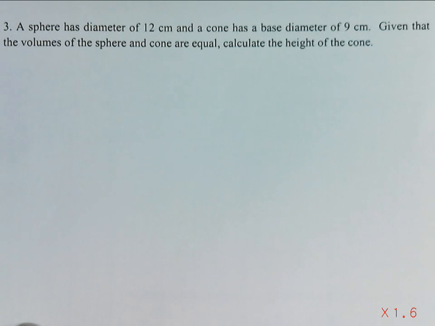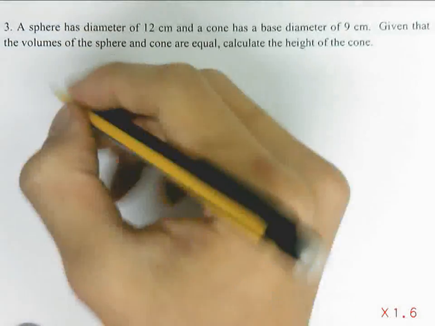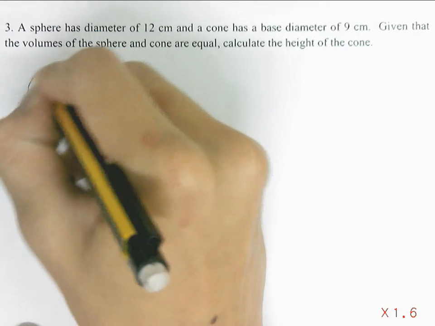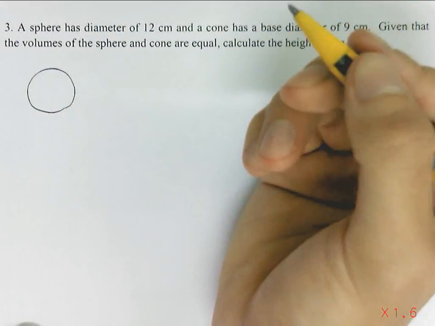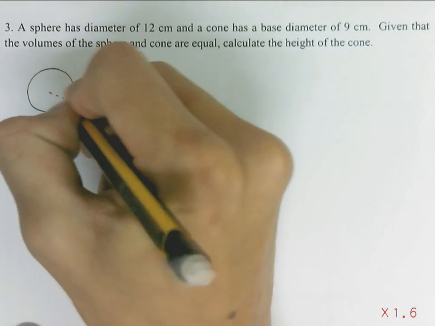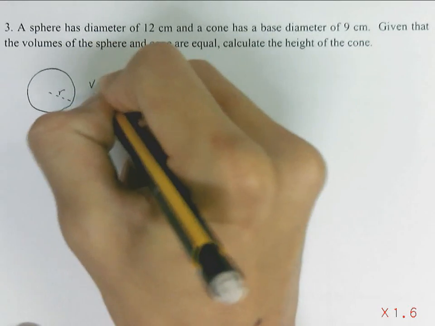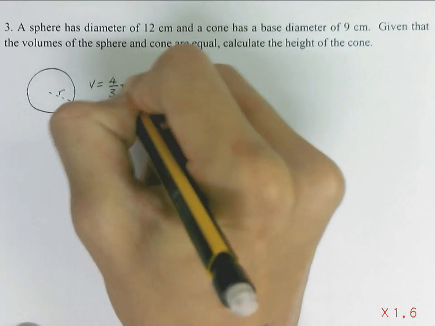Now this question, we have to derive the formula for volume of sphere and the volume of a cone. So volume of a sphere, 3D sphere with a radius of r, and its volume will be given by this formula, 4/3 pi r cubed.